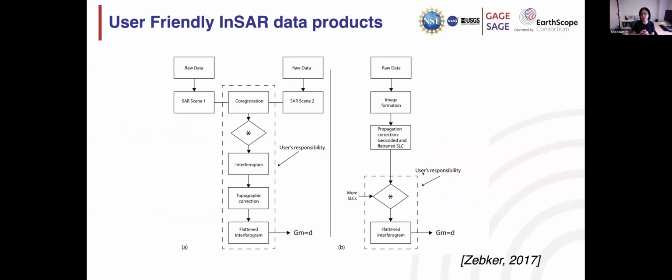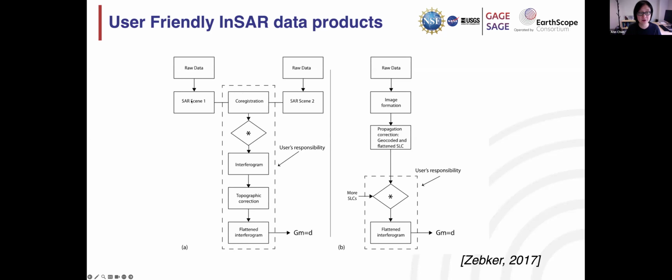And so currently we're hoping to simplify the GMTSAR processing framework, because in the past, what we do is we have the raw data, and you focus the SAR image in the radar coordinates, and depending on where they are, these radar coordinates from image 1 and image 2 do not exactly align, so we have to do the correlation, align the images still in radar coordinates, form the interferogram, do the topography correction, and flatten the interferogram.